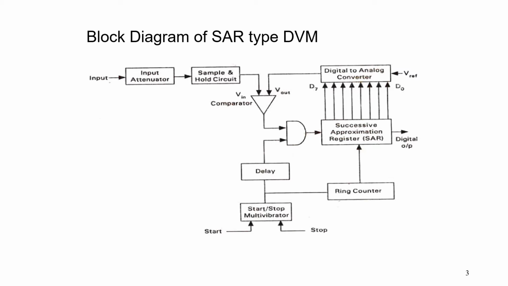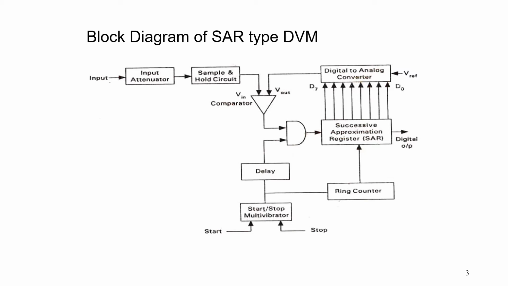The input impedance is high, the resolution is better, the output in digital form can be directly recorded, and it is suitable for further processing. With the development of IC chips, the cost, size, and power requirement of digital instruments are drastically reduced.